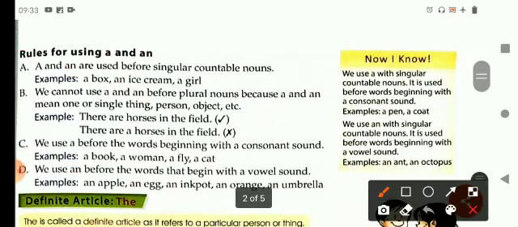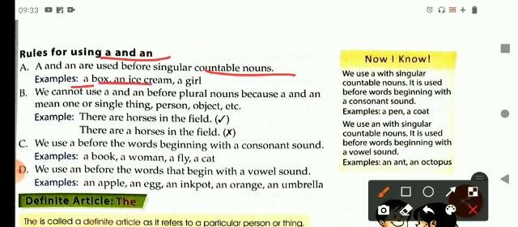Now let's read the rules for using a and an. A and an are used before singular countable nouns. For example, a box, an ice cream, a girl. We cannot use a and an before plural nouns because a and an mean one or a single thing, person or object.